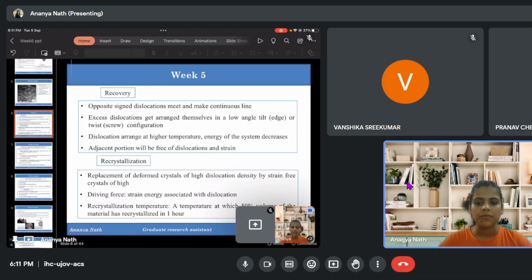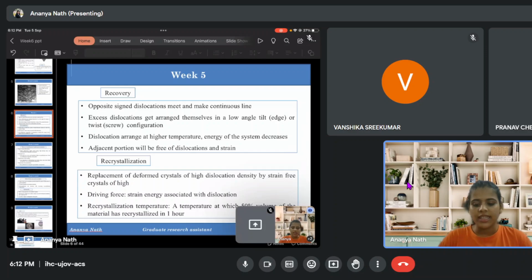that would be a low angle, or low energy configuration for them, because all types of solutes and dislocations have the motive to get arranged in a low energy configuration, so that they don't need to spend much energy on arranging themselves, or being at a stabilized or equilibrium position.